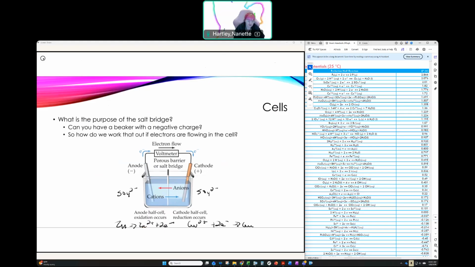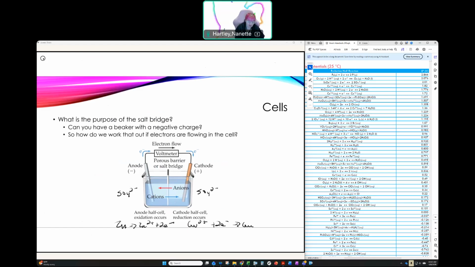When we need to move the negative ion over to the cathode side, that can happen. We can move that SO4 across this membrane. We have to have some other kind of positive charge that we could move to this side. So often we put something like sodium chloride or potassium chloride in there, so that there is some spectator ion that can move to balance charge but is not involved in the chemistry.